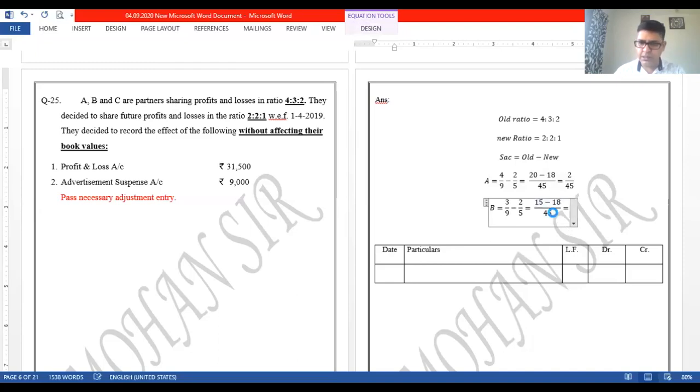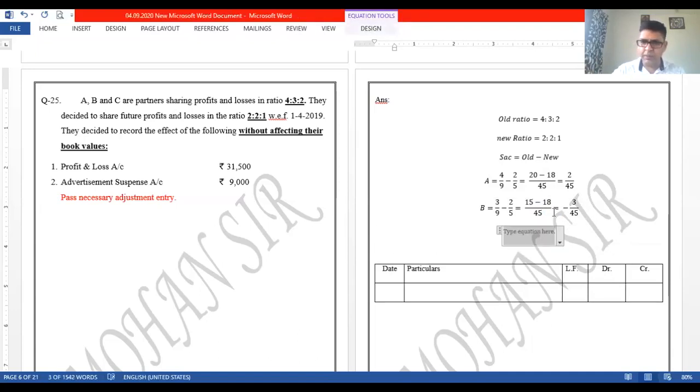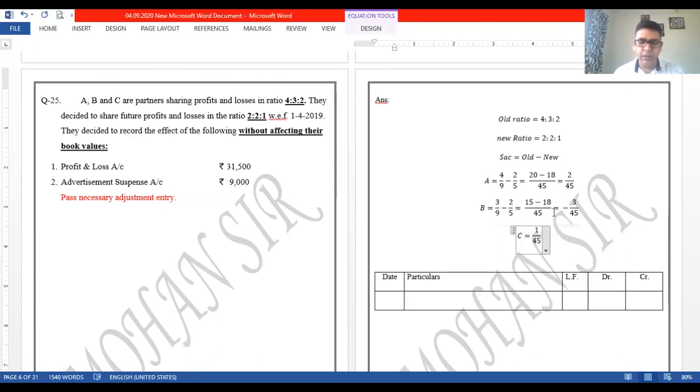So 15 minus 18 is minus 3/45. Okay, so इसका minus 3 है, उसका वहाँ पे 2 है, तो C के लिए आंसर जो आएगा that will be 1/45, right? Because 3 partners are there. If one of the partners has gained a share of 3/45 and A has sacrificed 2/45, so C will have to sacrifice 1/45 share. Now, what is the amount to be adjusted?